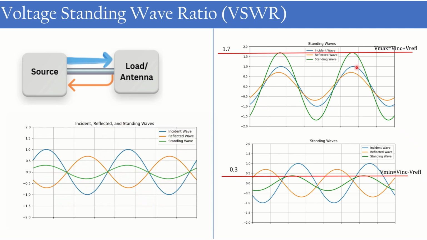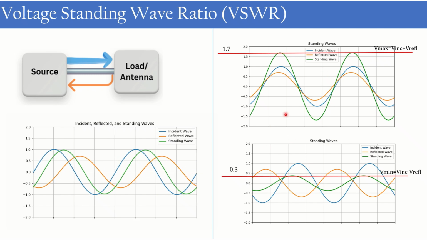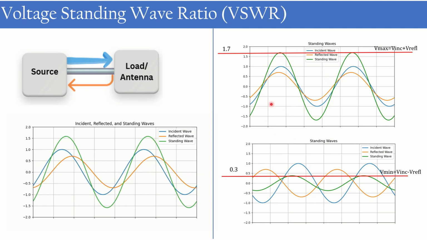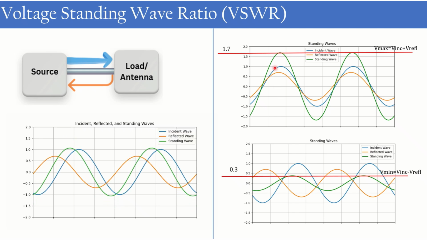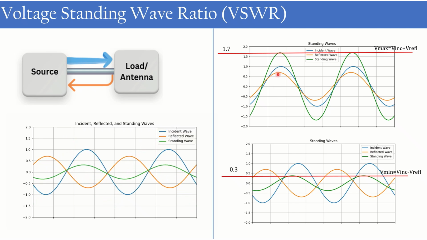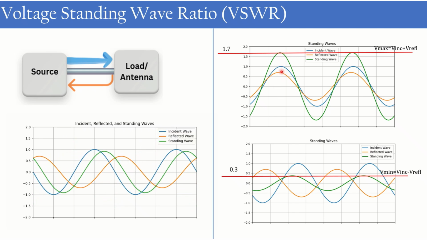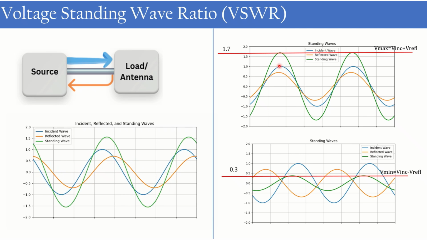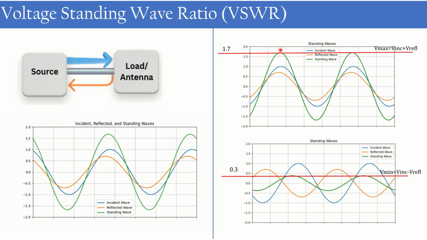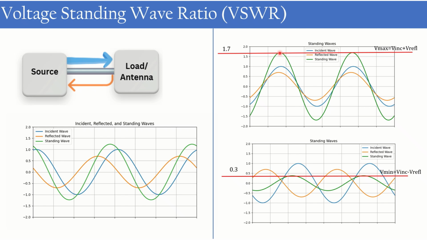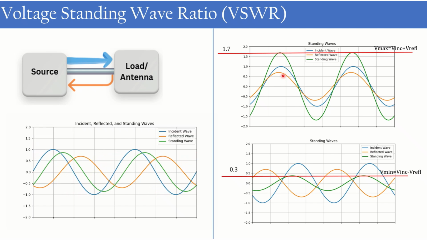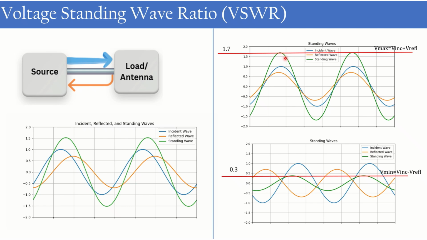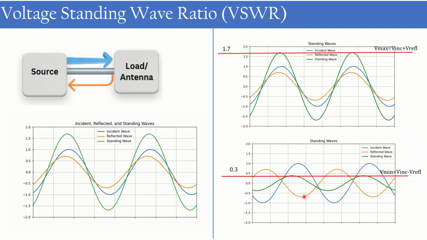I have put two screenshots of these animations to show what is meant by V max and V minimum. Here both the incident and reflected waves are coming in phase, and because of this interaction, the resulting wave has the maximum value. So V max is V incident plus V reflected. This is the second screenshot.